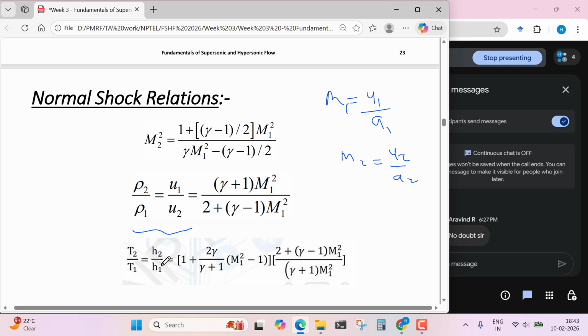T2 upon T1 equal to h2 upon h1 equal to (1 plus 2 gamma upon gamma plus 1 (M1 squared minus 1)) times (2 plus (gamma minus 1) M1 squared) upon (gamma plus 1) M1 squared.